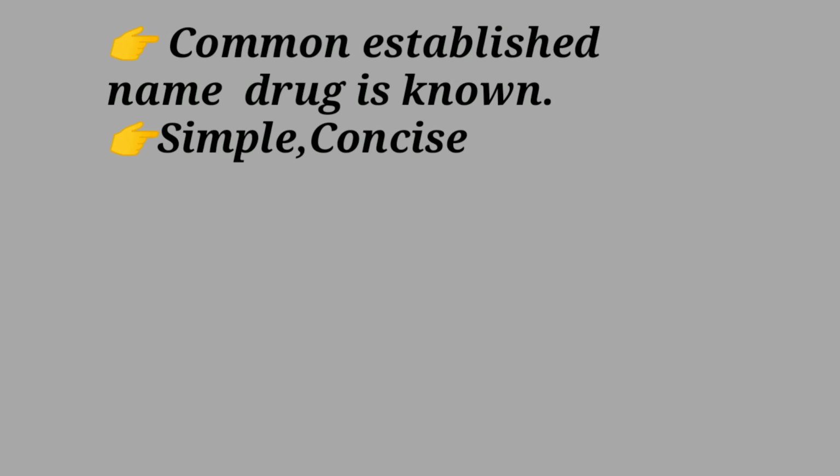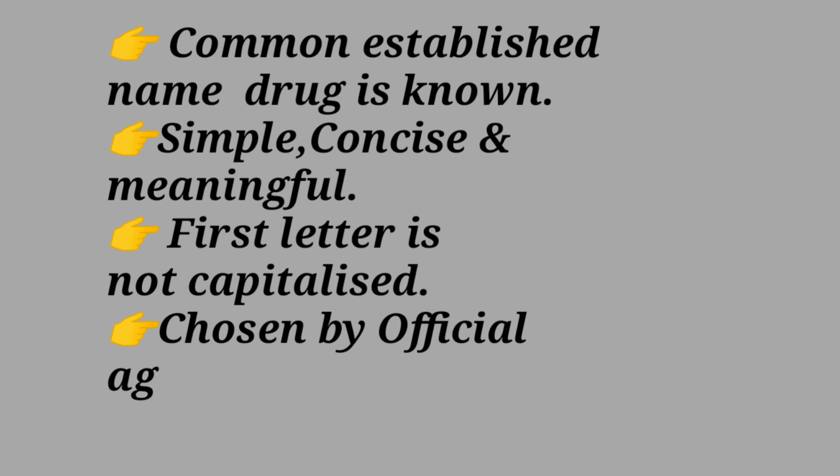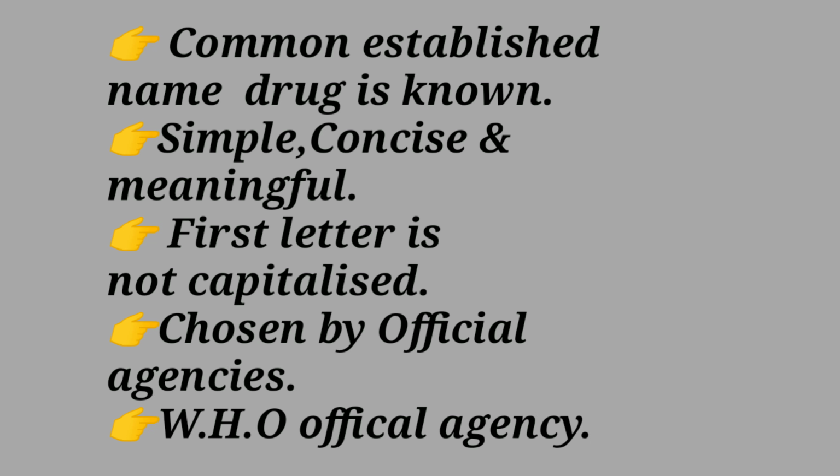These names refer to the common established name by which a drug is known as an isolated substance irrespective of its manufacture. It should be simple, concise and meaningful, but often it is not. The first letter is not capitalized and it is chosen by official agencies on a worldwide scale. However, the World Health Organization has been the official agency to select, approve and disseminate the generic names of drugs.